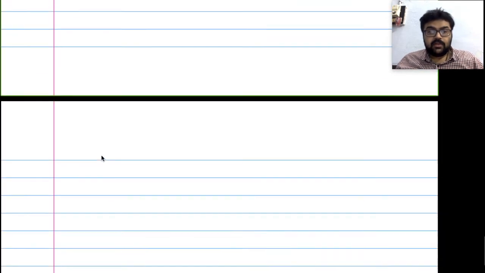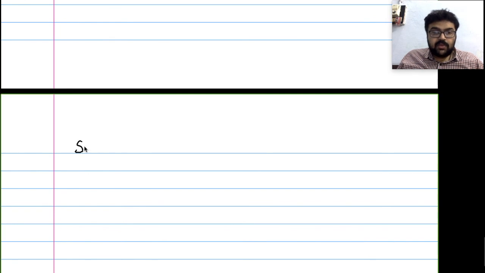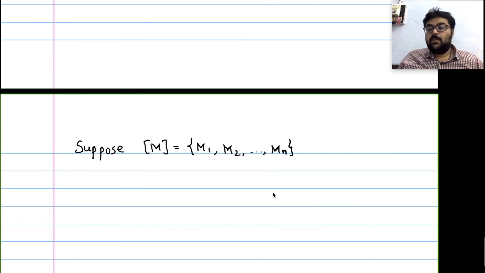And let us suppose M is an equivalence class, and let us suppose M has all these elements M1, M2 up to Mn. Suppose this is an equivalence class, there are n members.